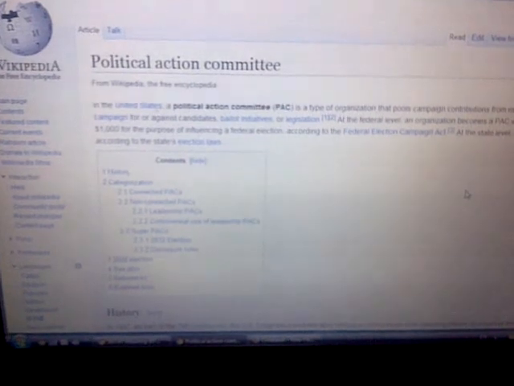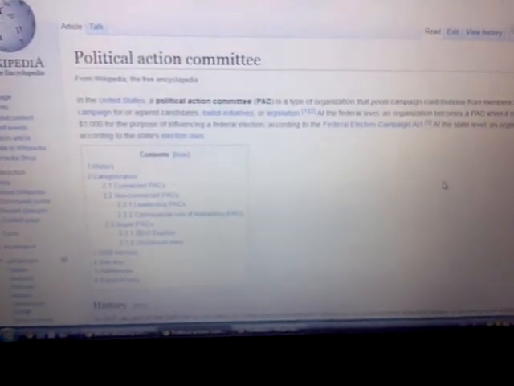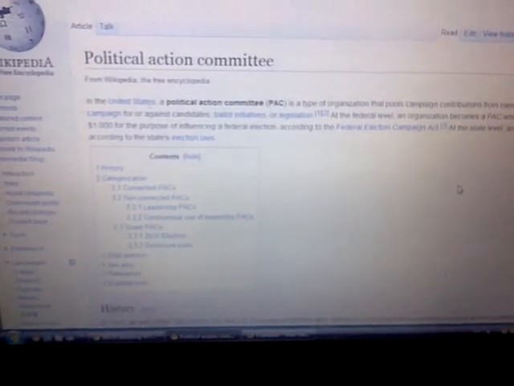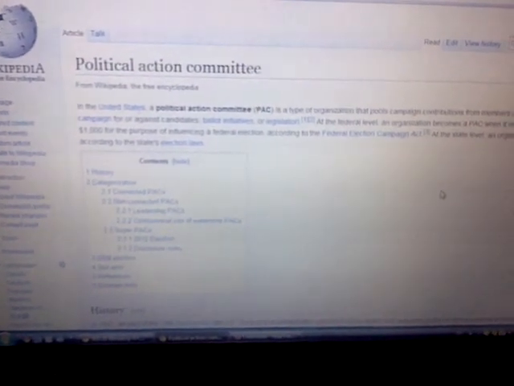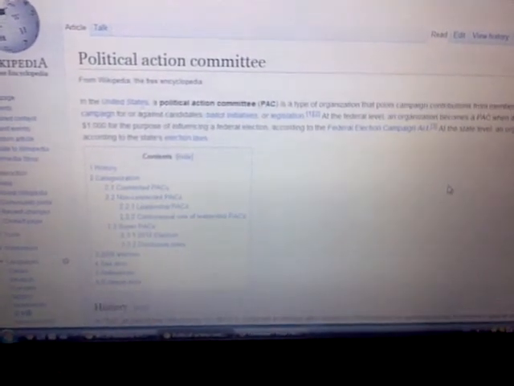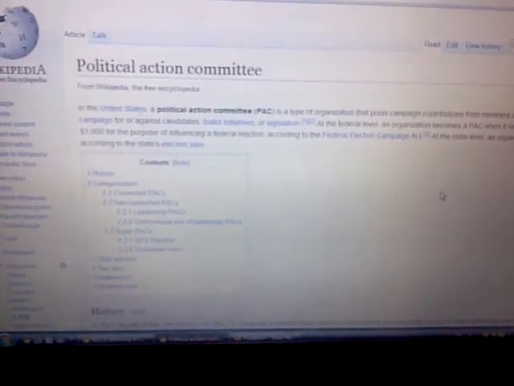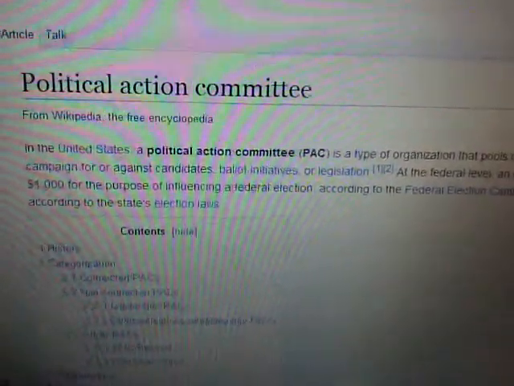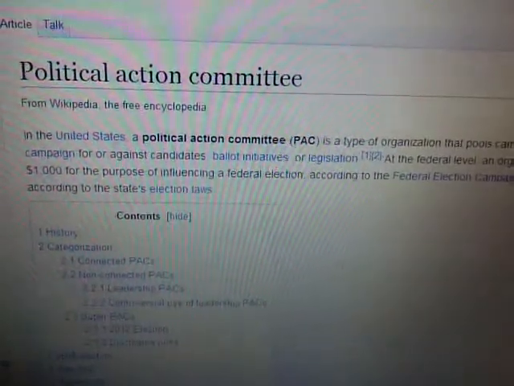You can participate in a process, and I think in the future you're going to see a lot of Bitcoin PACs that are going to come out, and they're going to express their voice for or against any candidates, ballot initiatives, or legislation.